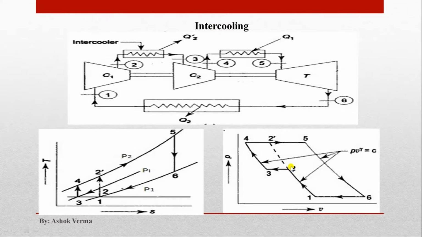Here we are rejecting the heat. So with rejecting the heat, the pressure will be constant, but the temperature is reducing. So with the decrease in the temperature, its volume will decrease, and again we are compressing it till the required pressure from 3 to 4, and then heat addition and expansion, and then heat rejection at constant pressure.